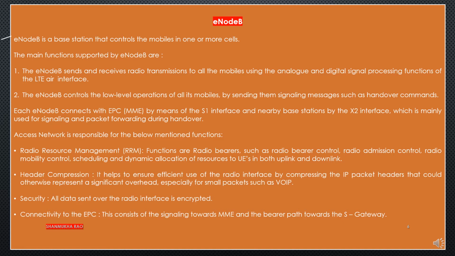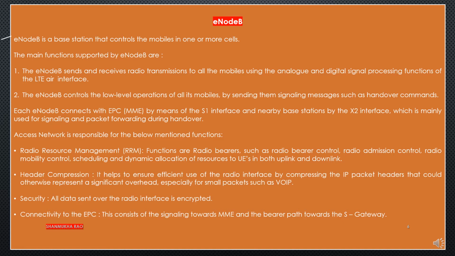The access network is responsible for the below-mentioned functions. First is radio resource management, RRM. Functions are radio bearer control, radio admission control, radio mobility control, scheduling and dynamic allocation of resources to user equipments in both uplink and downlink. Second is header compression.